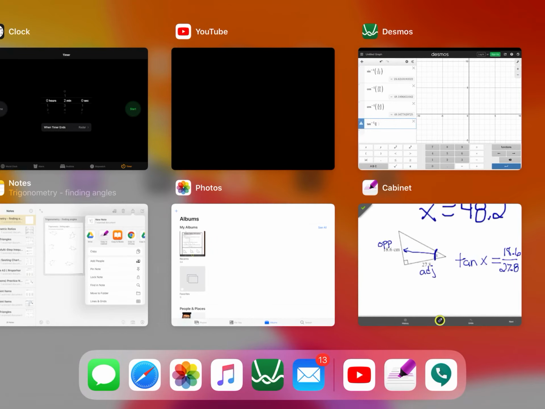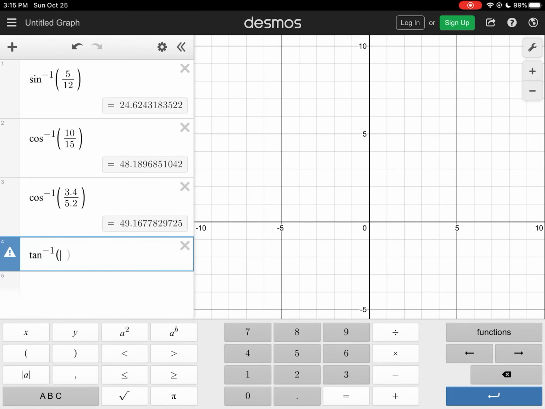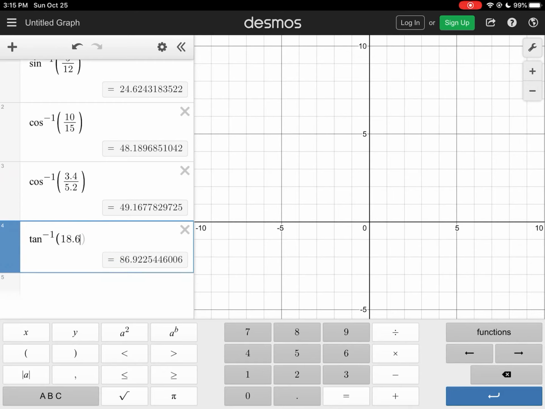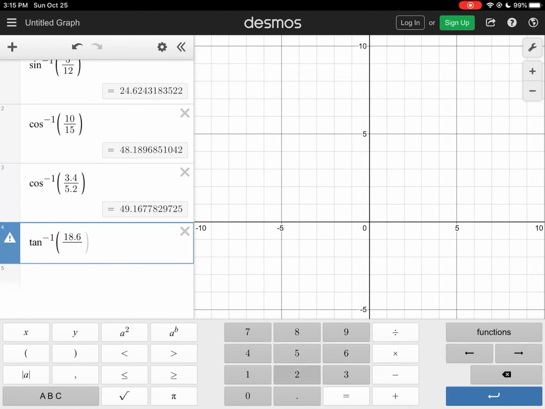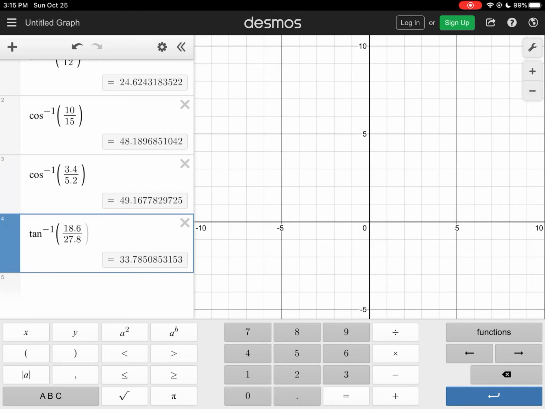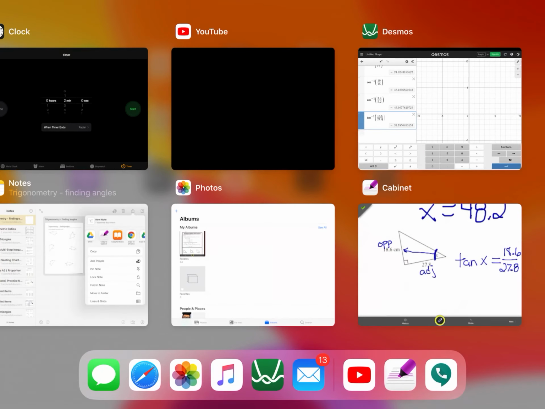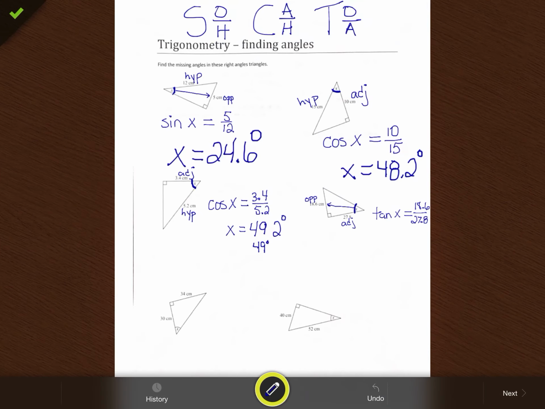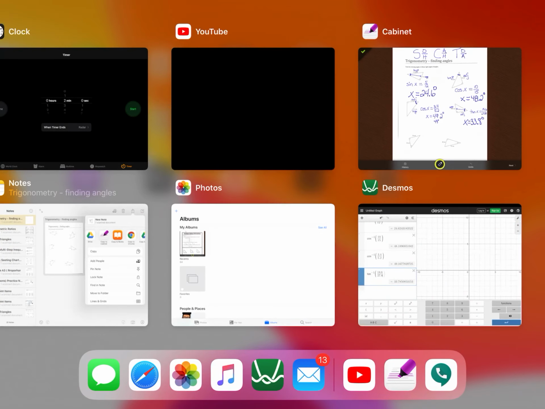Type in your fraction, 18.6 over 27.8. And my angle turns out to be 33.78 degrees. Round to the nearest tenth. 0.78 would round up to 0.8. And that's my answer.